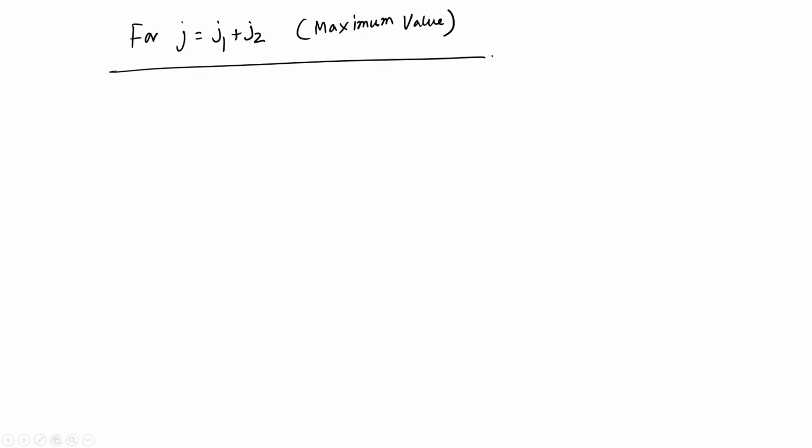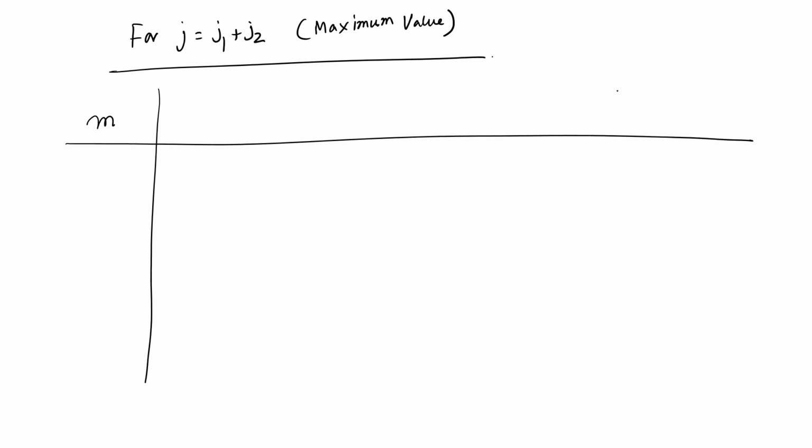Let us take these values of M, and this degeneracy is what we have, but then we have these M1 and M2, all possible values of M1 and M2. So, let us start with J equal to J1 plus J2.